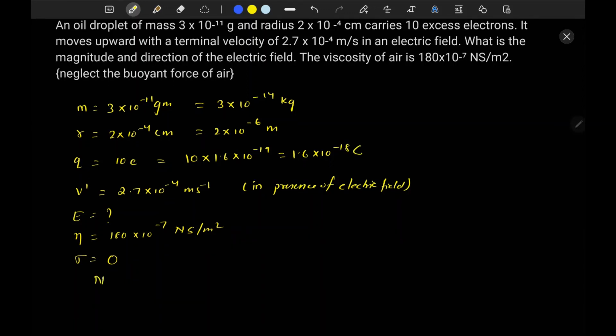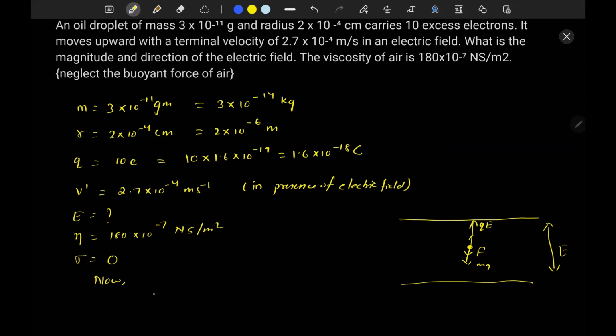So here, since the buoyant force of air is neglected, the forces acting on the charged particle in presence of electric field are its weight mg, electric force QE, and upthrust U. Upthrust is neglected because buoyant force of air is neglected, so the other force acting here is viscous force F, and it is directed downward as the charge is moving upward.